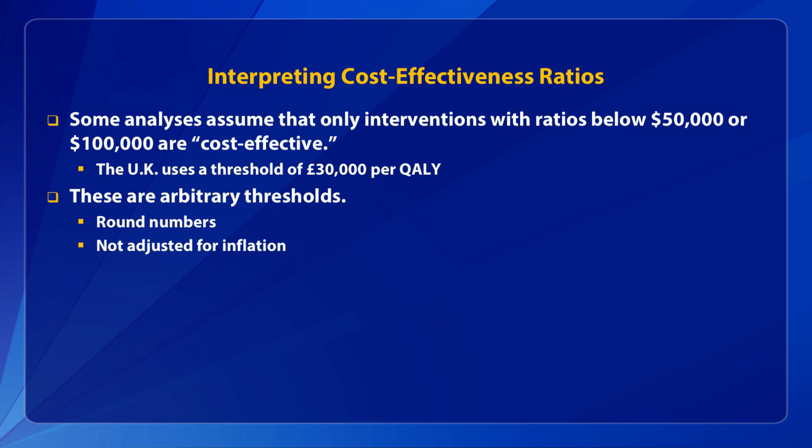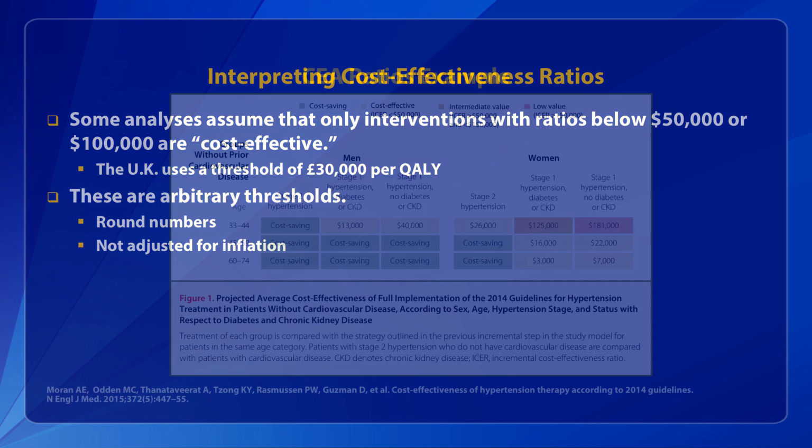But there is still some controversy about these thresholds, particularly because the cost-effectiveness ratios haven't been adjusted for inflation. One way to determine threshold values is to compare cost-effectiveness ratios to ratios published in the literature or to ratios for interventions that are commonly accepted as good practice.